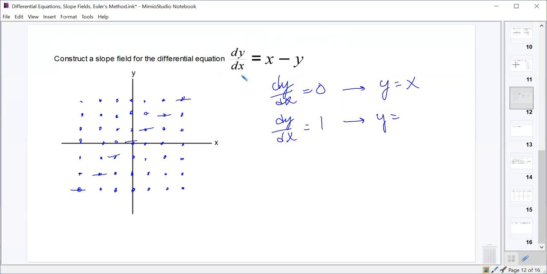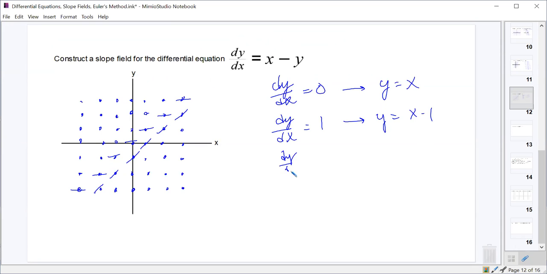If dy/dx is 1, what does y equal? This should be a simple algebra question. x minus 1. So along the line y equals x minus 1, they should all have slopes of 1. Good.